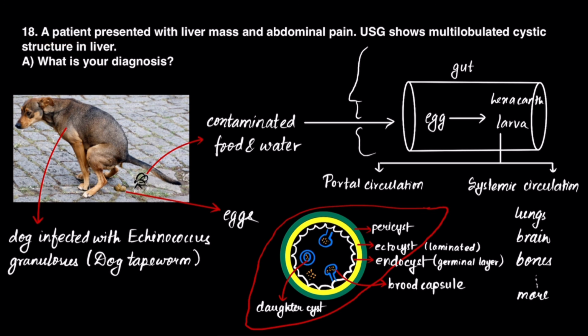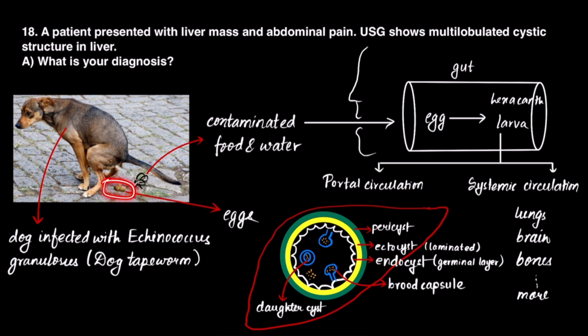A patient presented with liver mass and abdominal pain. USG shows multilobulated cystic structure in liver. So what exactly is this cystic structure found in the liver? So hear me out. We have a dog right here which is infected with Echinococcus granulosus or dog tapeworm.